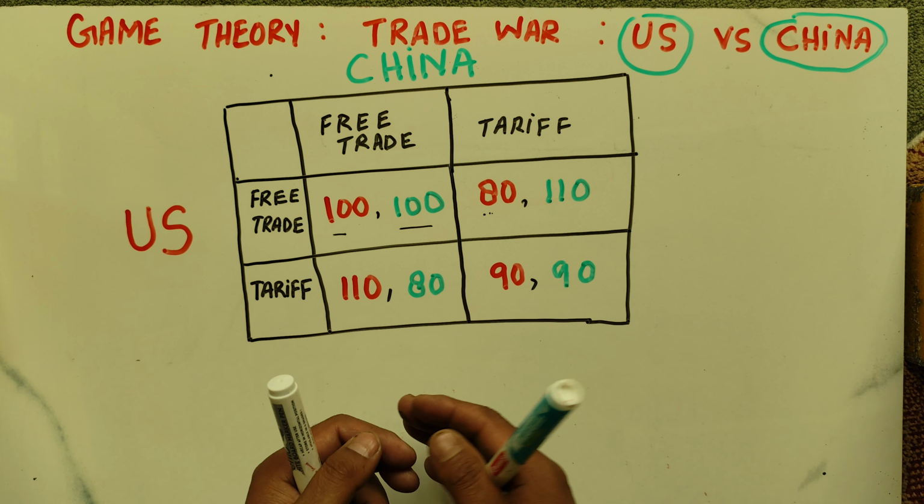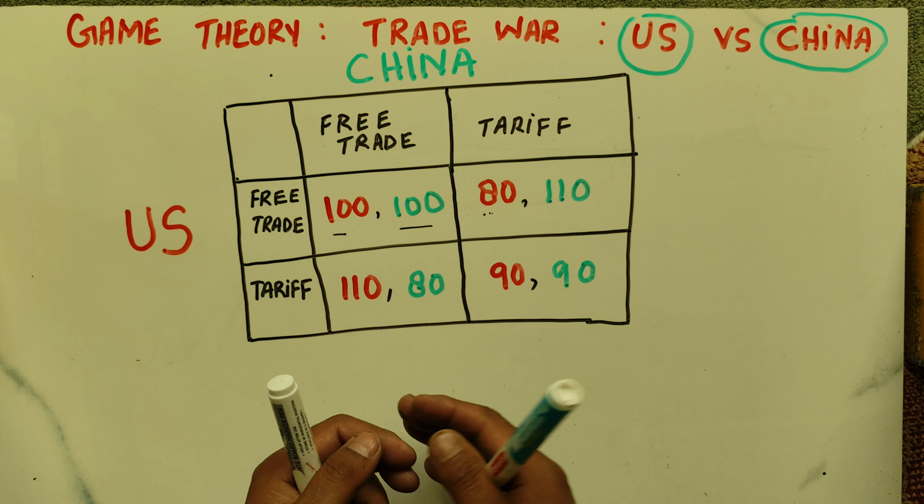However, if US keeps free trade and China imposes tariff, then China gains an advantage by protecting its domestic industries. When a country imposes tariff, its domestic industries get a better advantage, because the importers' prices increase compared to the domestic industries who produce the same product.